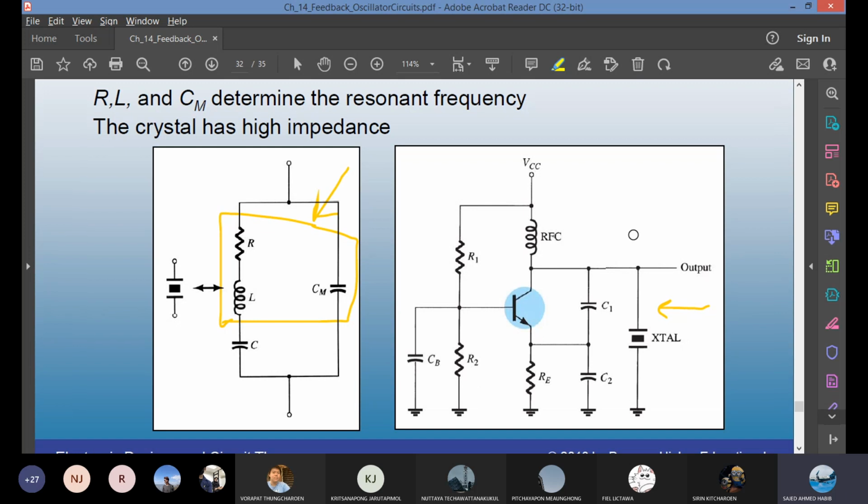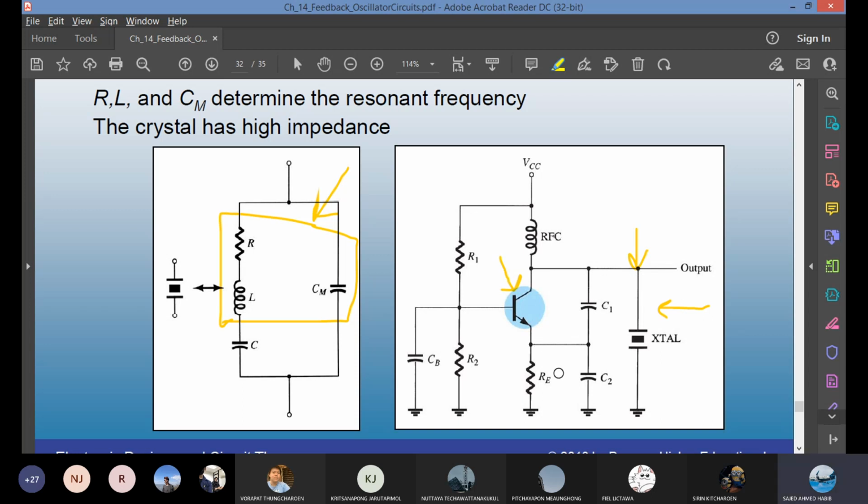Here's one example involving, I believe, a class C power amplifier, even though it's not written, but since I see a radio frequency coil, this is used in radio communication. So this could be a class C power amplifier, and that's why you need a tuned circuit. The crystal here is placed in parallel with the rest of the output side.